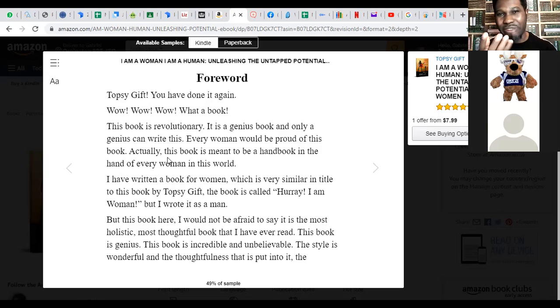So it gives some kind of value to your book, but it's not a must that you have a foreword. One of my clients wrote a book and sent the manuscript to somebody to write the foreword. But the person was taking too much time to read or send the foreword, and she wanted to publish the book.